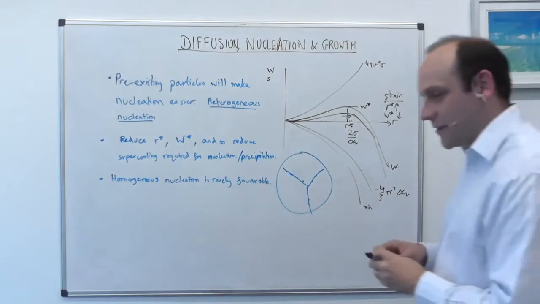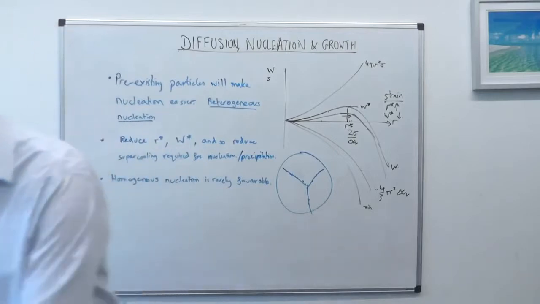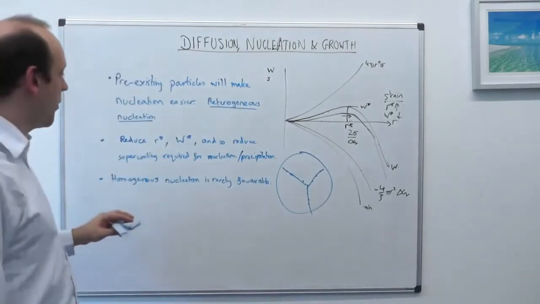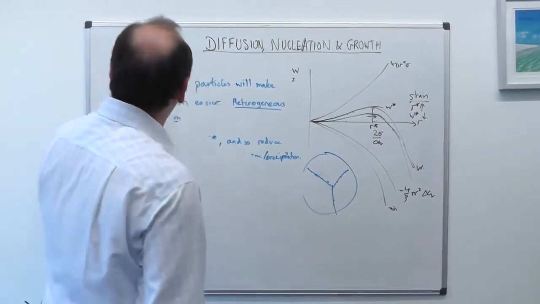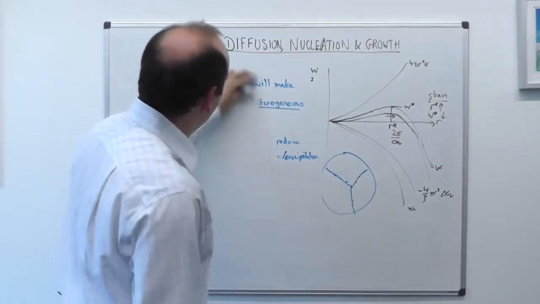So if we think of an example of this, there's an example actually in aluminium alloys, in aluminium copper alloys. And that's going to be where we'll end this segment, is thinking about this example.